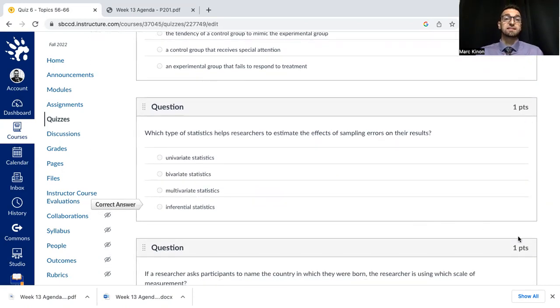Which type of statistics helps researchers to estimate the effect of sampling errors in their results? This is called inferential statistics. Here's the thing. In samples, we may see a difference because there's error, because they're potentially biased. But we use inferential statistics to do the following, okay?